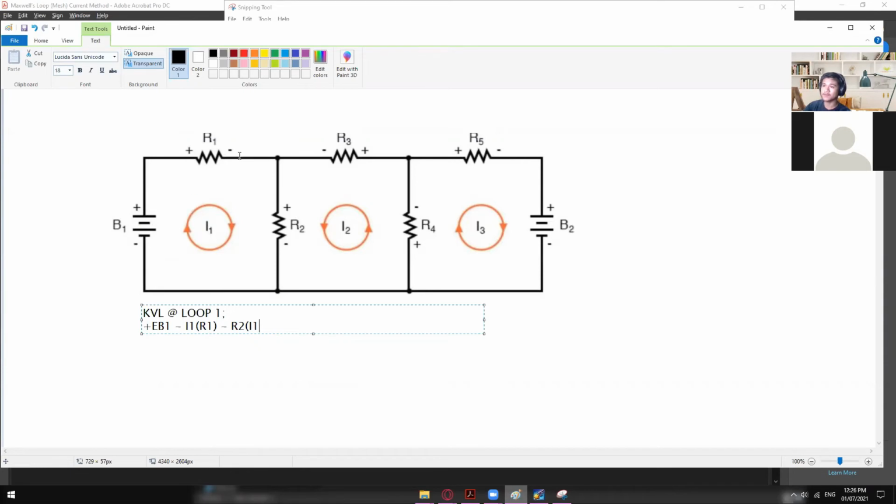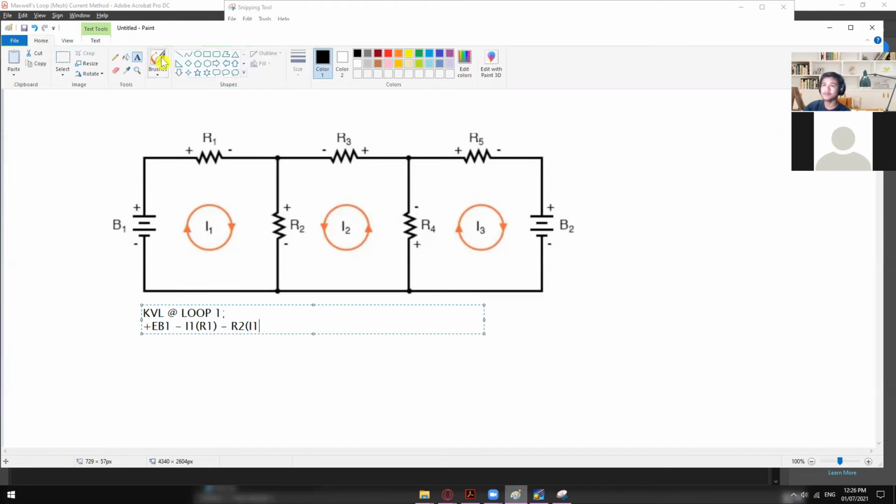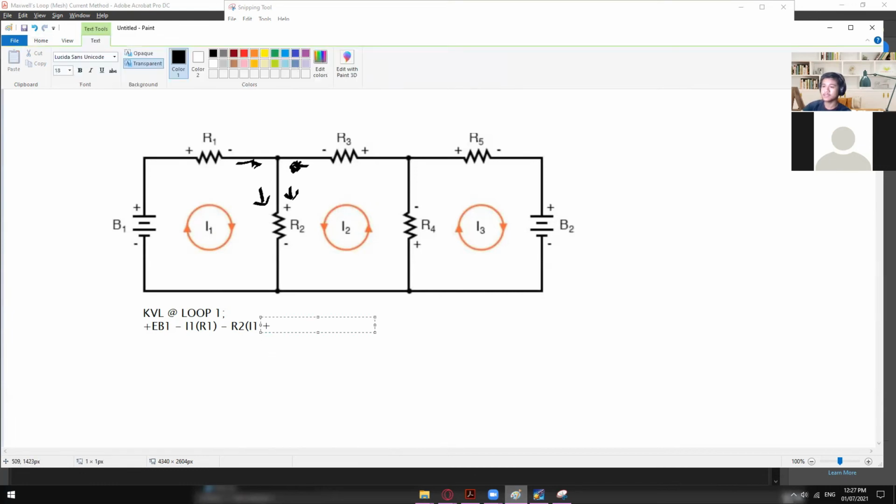If you take a look at this one, they have the same flow of current, so they will meet right here. As a result, they now have the same flow of current, so just simply add them, plus I2, equal to 0. So this is now your KVL at loop number 1.